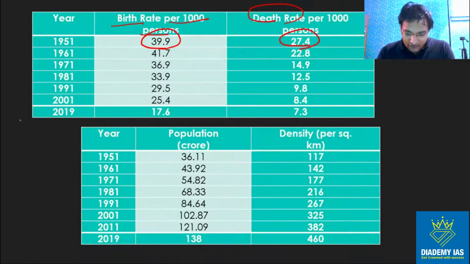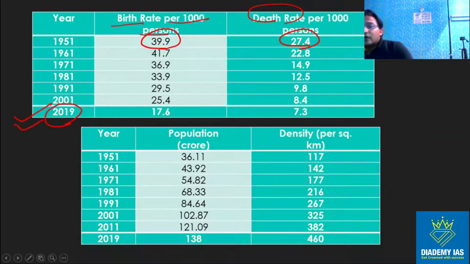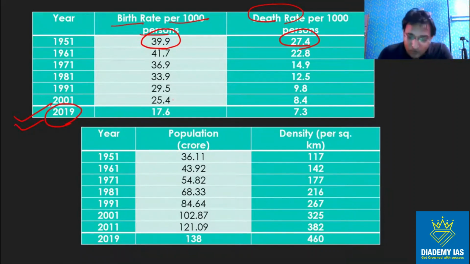Latest data, 2019 data. So this data is not from the census, but it is an estimated data. ये estimated data है. Birth rate is approximately 17.6%. Death rate is 7.3. That means the growth rate is approximately 10.3. ठीक है? So growth rate has declined.